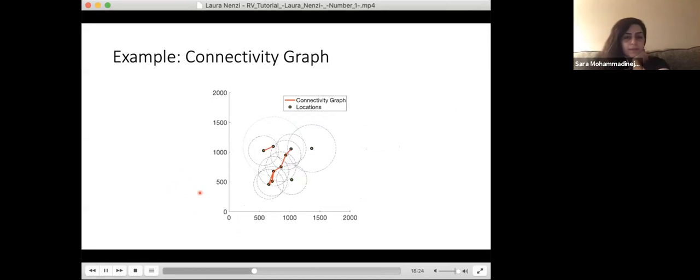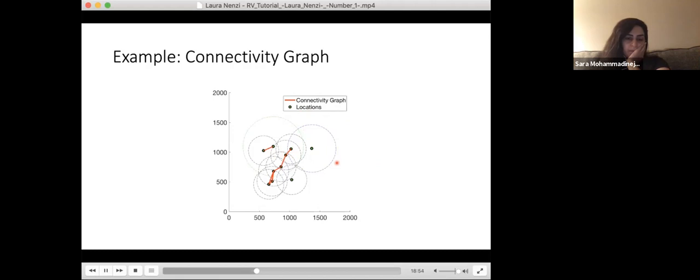We can define different graphs on the same set of locations. Here we can see an example with respect to the sensor network. This is the connectivity graph. And we say that two locations, so two sensors, are connected, so there is an edge, if and only if they are within their communication range.